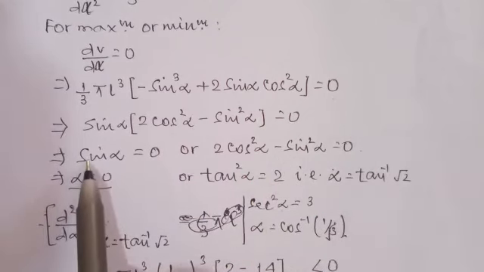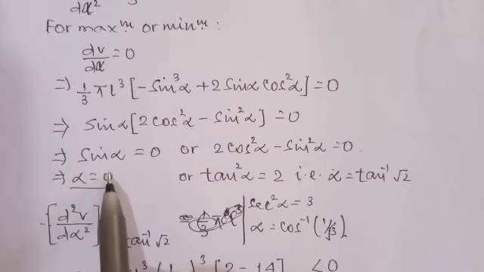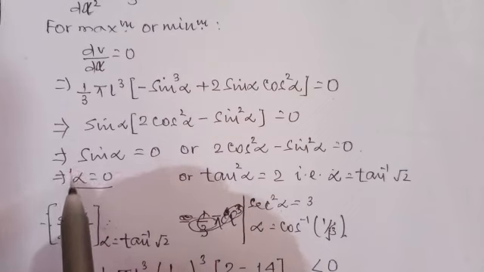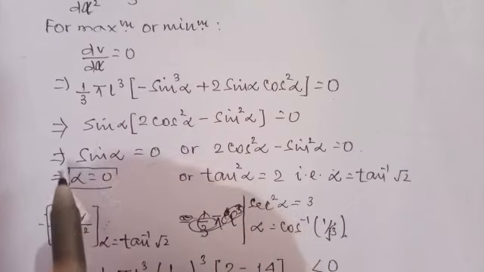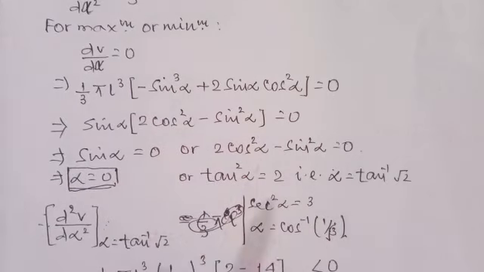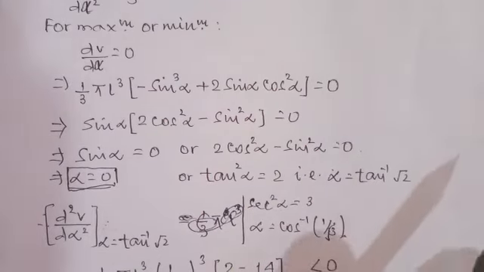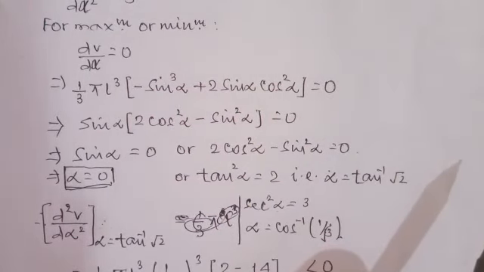If sin alpha is 0, it means alpha is equal to 0. But alpha equal to 0 is not possible. If the semi-vertical angle becomes 0, the vertical angle becomes 0, it means the cone does not exist. Right? The cone does not exist.